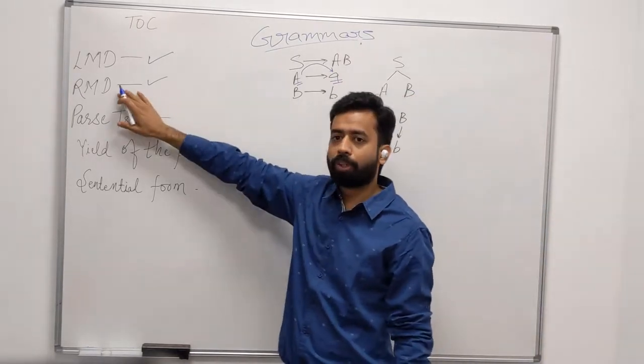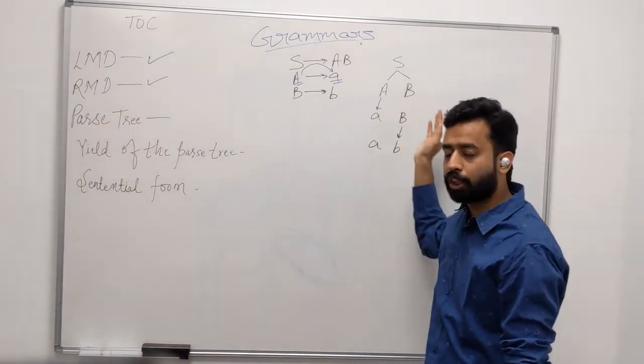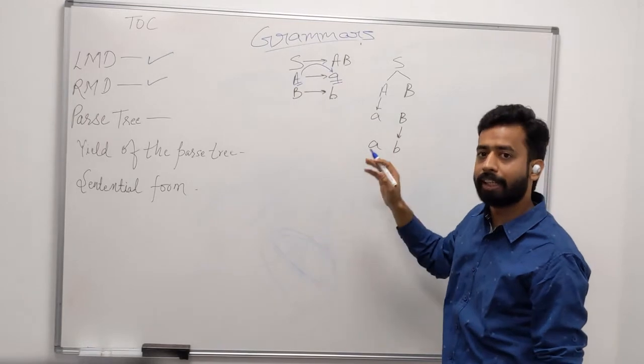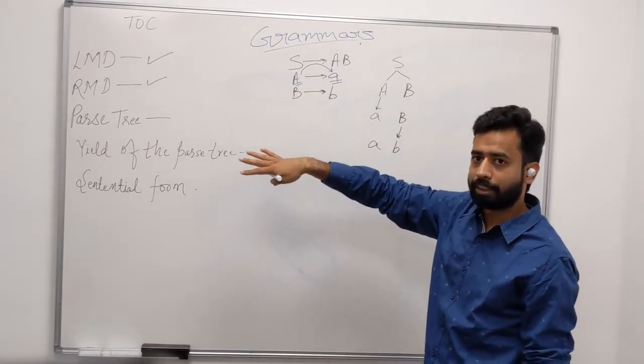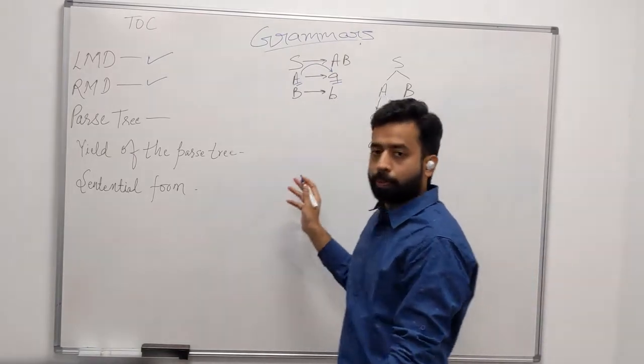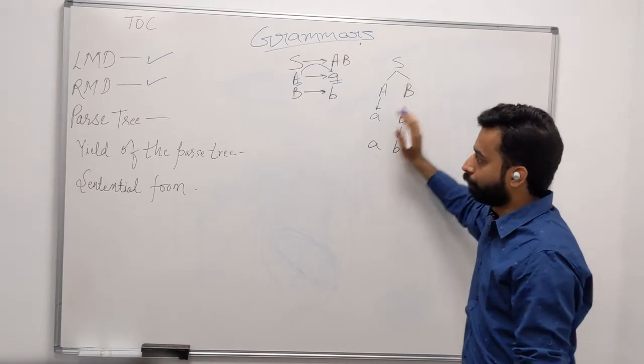In the same way, rightmost derivation is the production in which the rightmost side non-terminal is replaced by its derivation. So that is LMD, that is RMD. So what is a parse tree? The tree representation of any derivation is known as a parse tree.